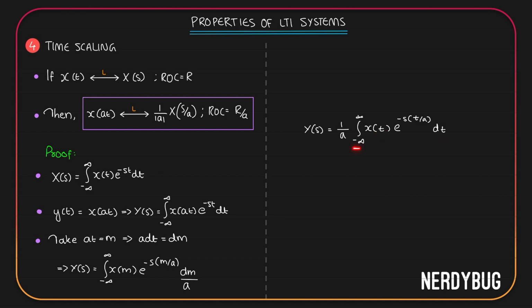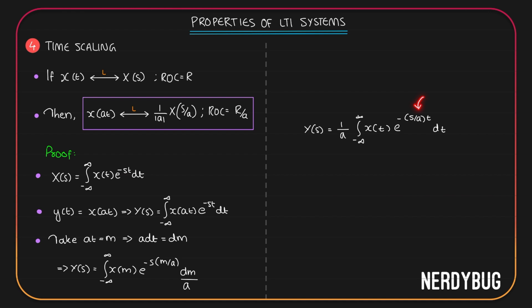What I have now is integral from minus infinity to infinity x of t e raised to minus s into t by a dt. Instead of writing s into t by a, I am going to write s by a into t. Compare it with X of s over here. The only difference is here we had s, here we have s by a. When you had s, you called it X of s.